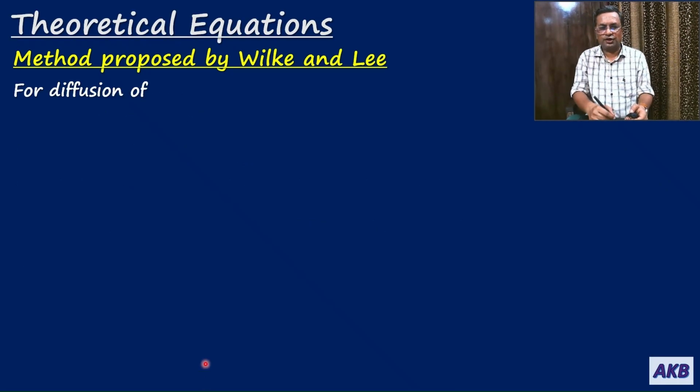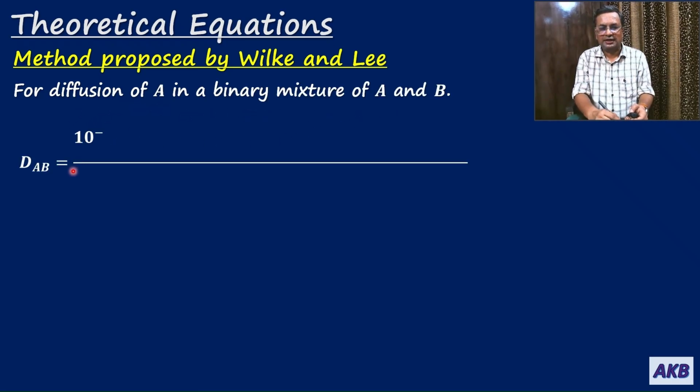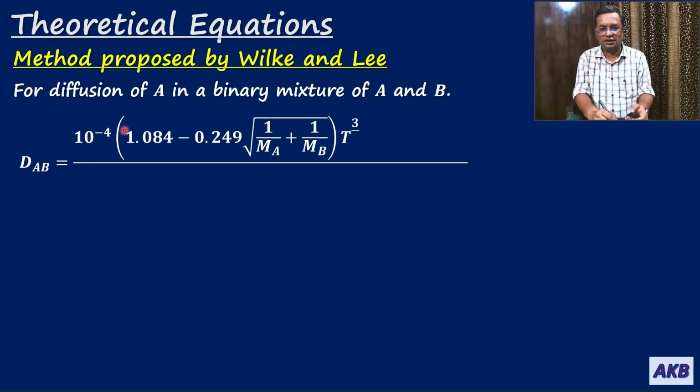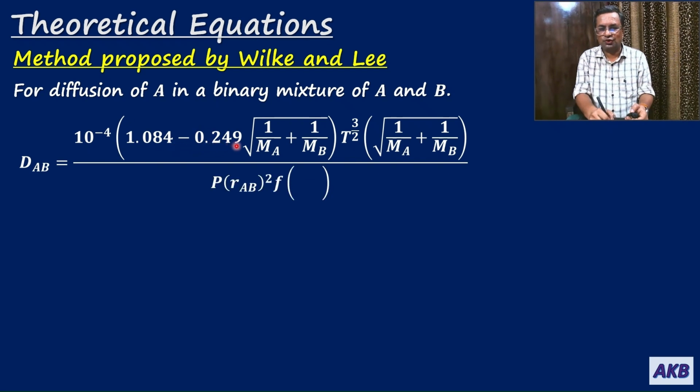So according to this method, for diffusion of A in a binary mixture of A and B, DAB is given by this equation: DAB equals 10 to the power minus 4 into (1.084 minus 0.249 into square root of (1/MA plus 1/MB)) into T raised to 3/2 into square root of (1/MA plus 1/MB), divided by P into RAB squared into a function of kT by epsilon AB.